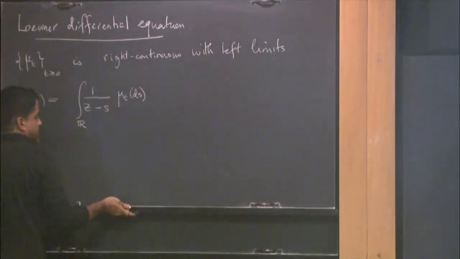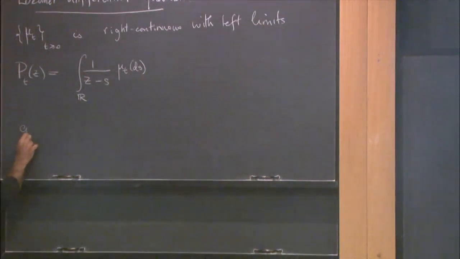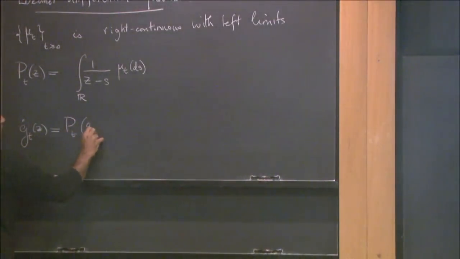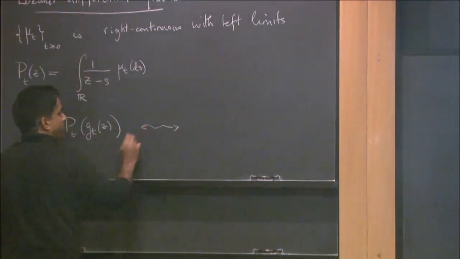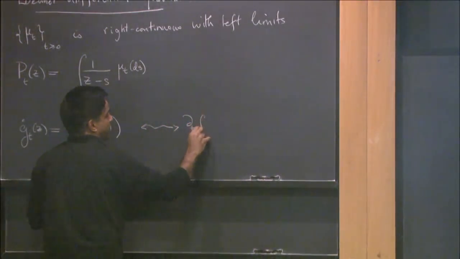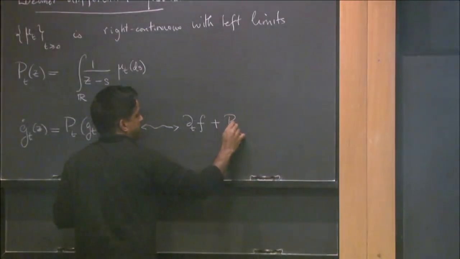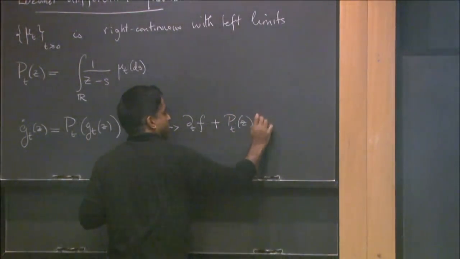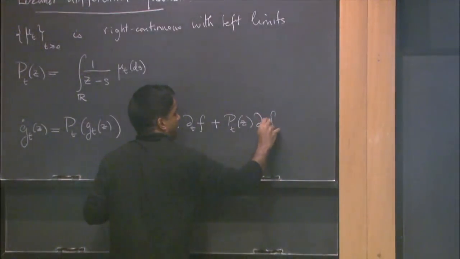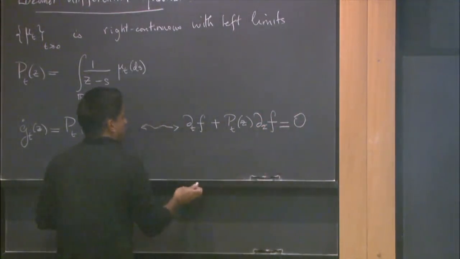And I'll state a differential equation. The differential equation is going to be the following. And there's going to be an equivalent formulation, which is the transport equation, with the partial derivative in z of f.